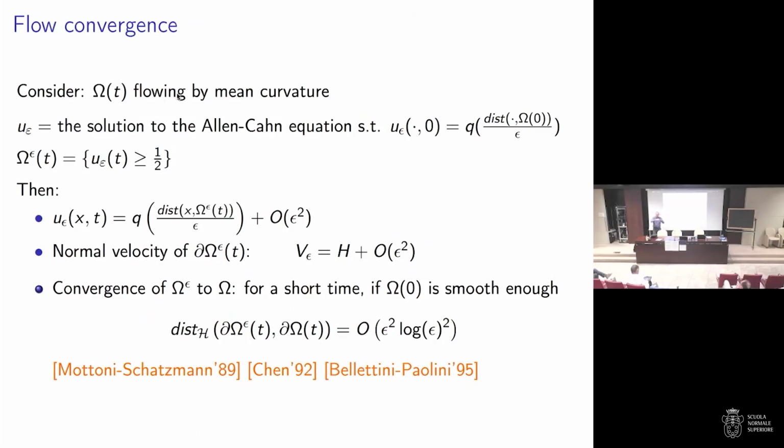So there is no spreading of your approximation, and the boundary has a normal velocity which is exactly its mean curvature plus something that depends on epsilon. And you can prove for a short time the convergence of omega epsilon to the exact omega which is flowing by mean curvature flow. This is a typical result that you get in Hausdorff distance. Okay? So the last paper I mentioned is 30 years ago, so quite old.